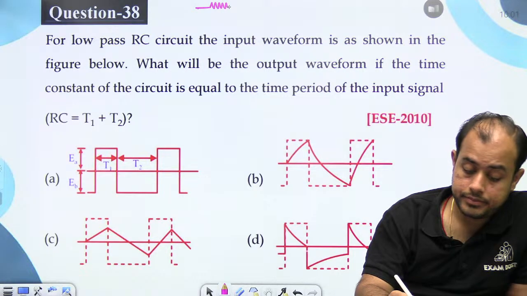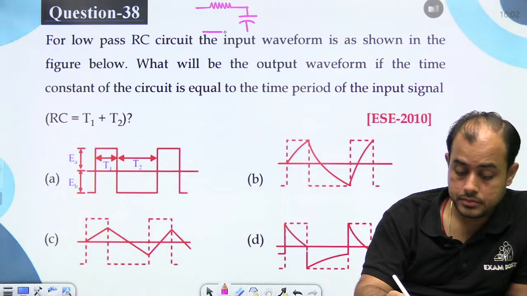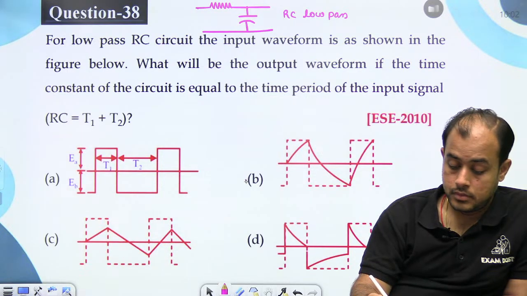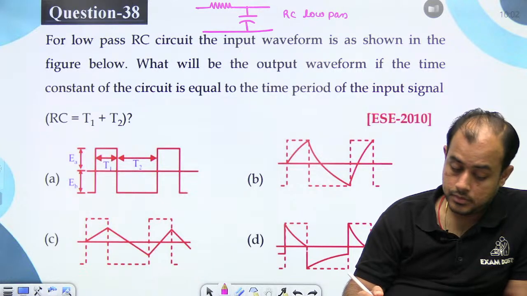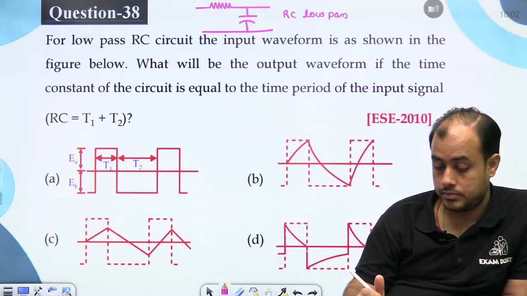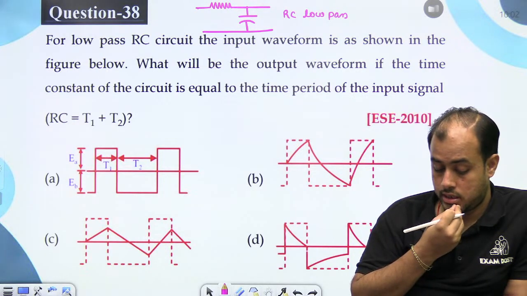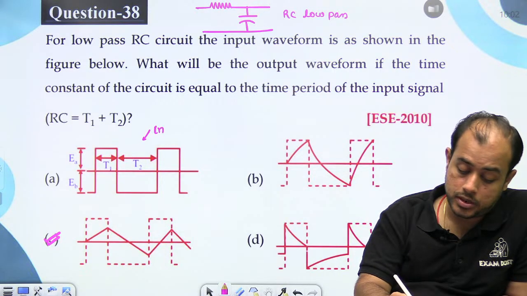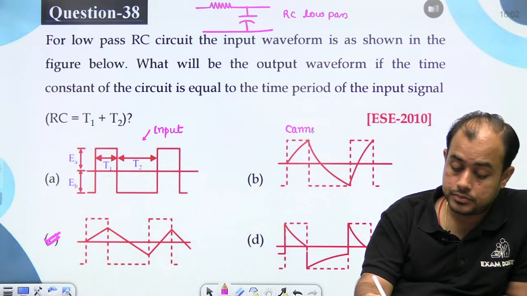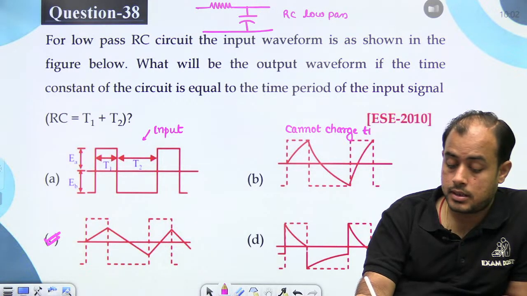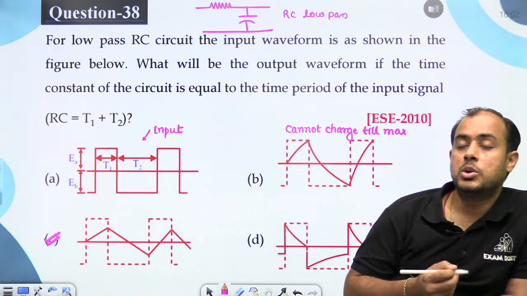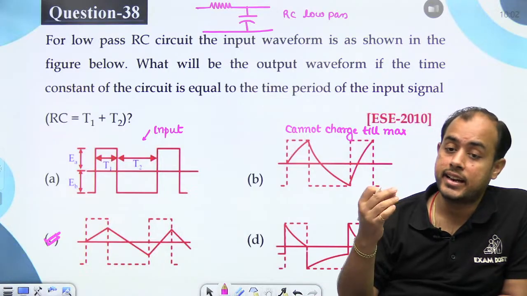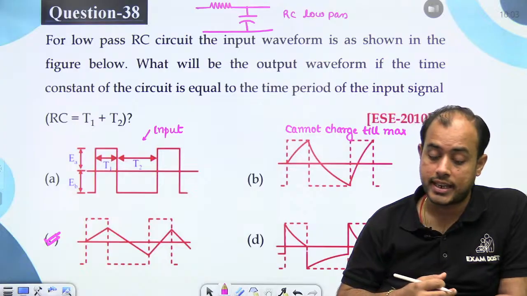Low pass circuit means... पूरा चार्ज तो नहीं होगा, ये आना चाहिए, है ना. It cannot completely charge to the maximum value. Actually this should be the input. कैपेसिटर cannot charge till the maximum value, क्योंकि in a finite time a capacitor cannot reach steady state. In order to reach the supply voltage at the steady state it requires infinite time. कैपेसिटर को स्टेडी स्टेट पहुंचने के लिए इंफिनिटी टाइम लगता है.